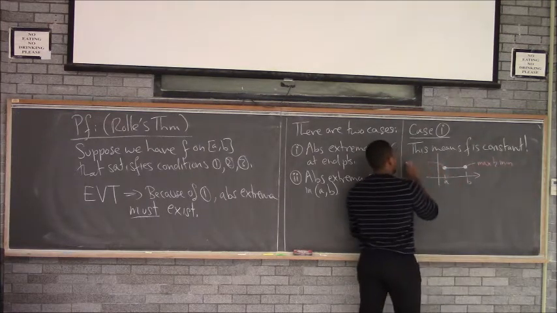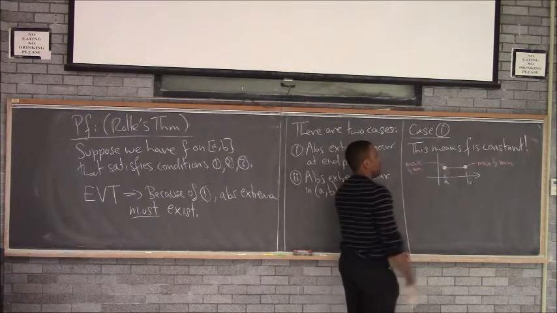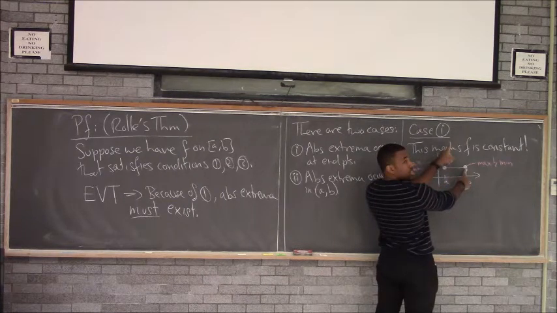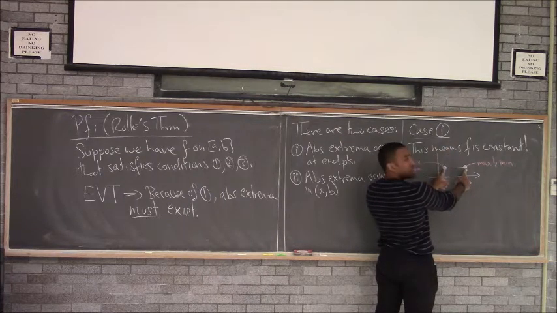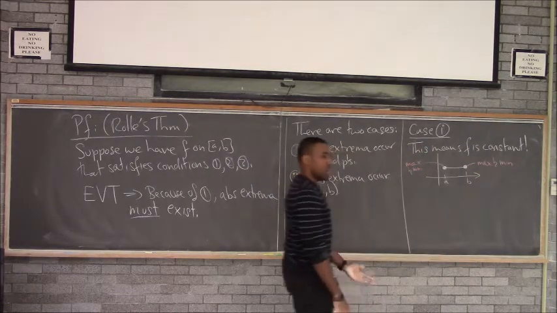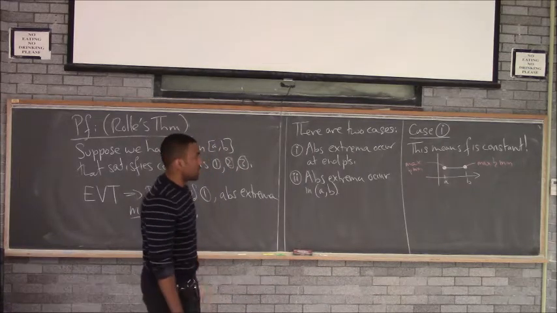and your max and min happens here, what that means is you will never be higher than the endpoints. You will also never be lower than the endpoints, which means you always have to be at the endpoints. If you're continuous, the only way to guarantee that happens is if you're a constant function.